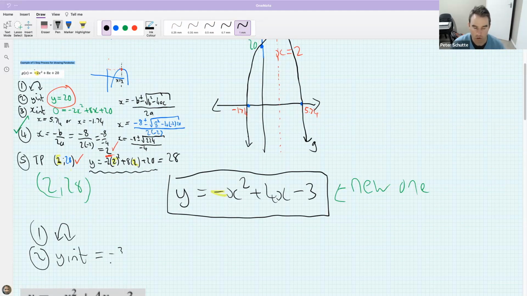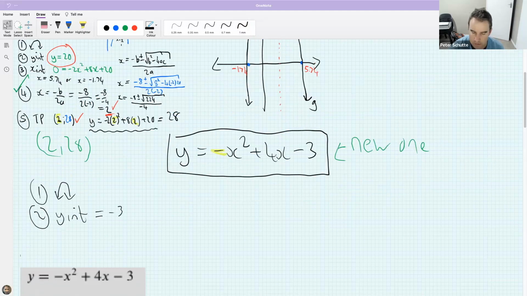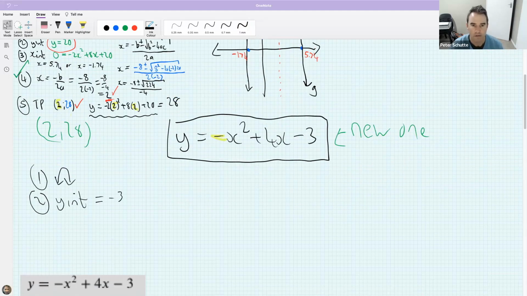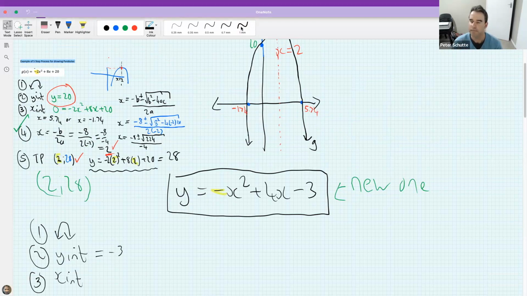Now, you still need to do 3 more steps, but can you see how the process repeats itself? So the third step is going to be to find the x-intercept. And so we have to make y 0.